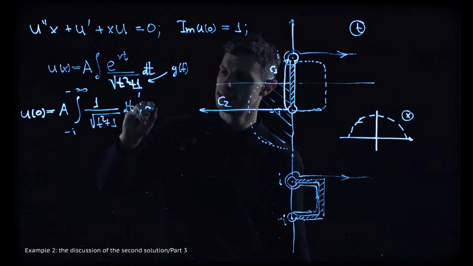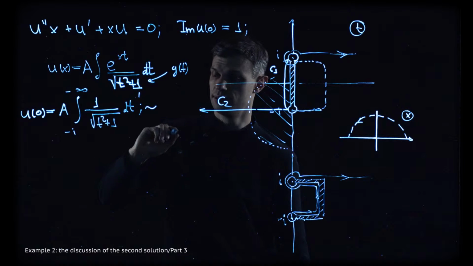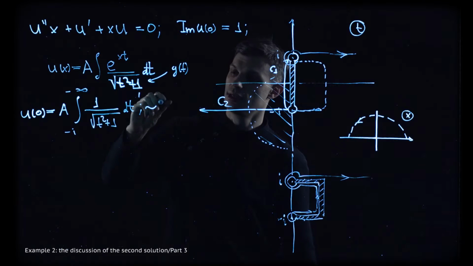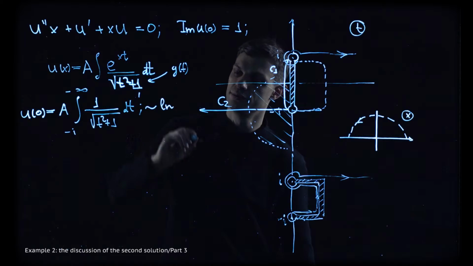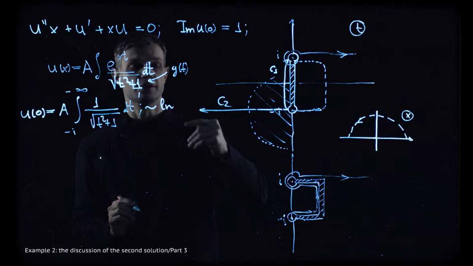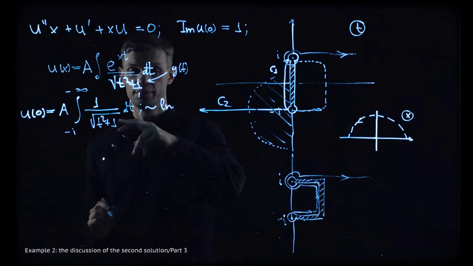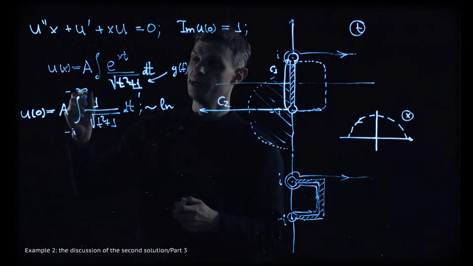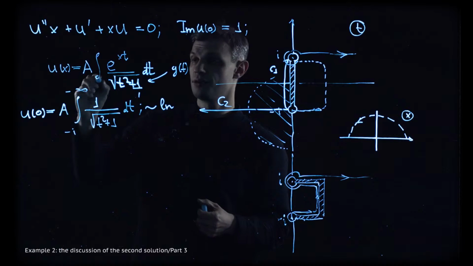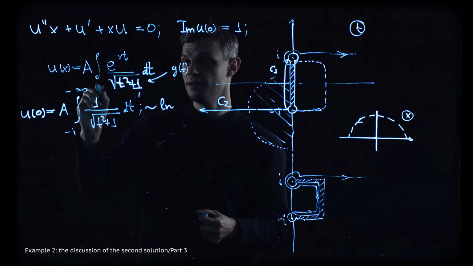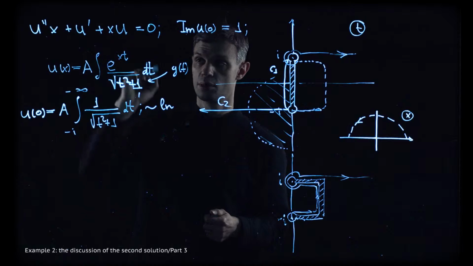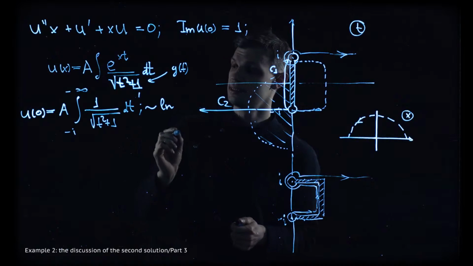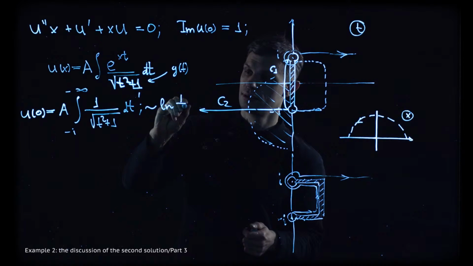And indeed, this gives us the reason to assume that the leading behavior would be logarithmic. Right now it's the logarithm of infinity, but the upper limit of integration should be changed from minus infinity to minus 1 over x, and the answer would be like this.